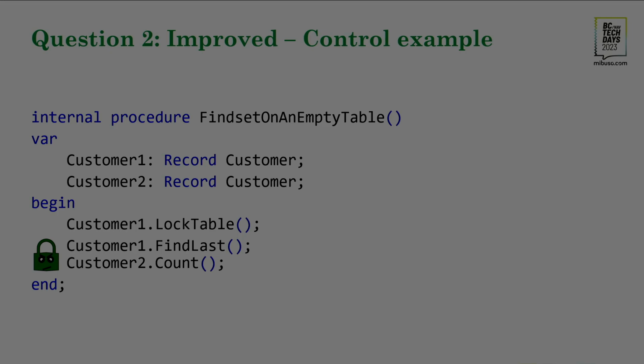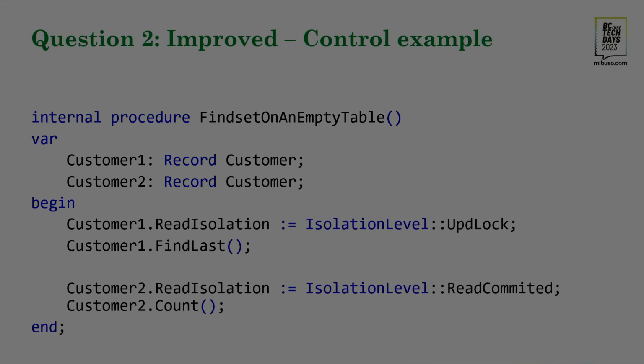Now, if we go back to the practicalities, and we go back to the quiz, and take a look at this specific example, how could we make it better? How can we eliminate this lock that we have on the count? If you replace this code with the following 2 calls, and these are single-liners, we have replaced the LockTable with update lock, and then we are finding last. And then on the second instance, we are being explicit and we are setting read committed.